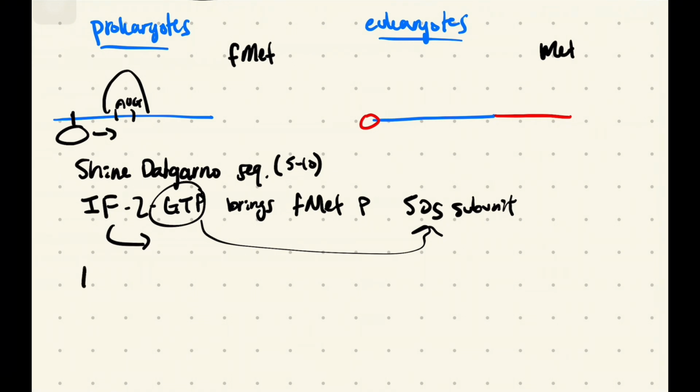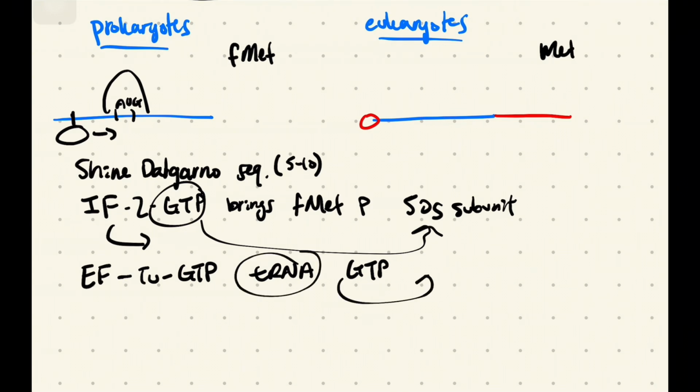Now you're also going to have this elongation factor, your EF-Tu GTP, and this is going to actually bring your appropriate tRNAs to that A site, and then you're going to have your GTP once again hydrolyzed to actually deliver that tRNA to the A site. Okay.